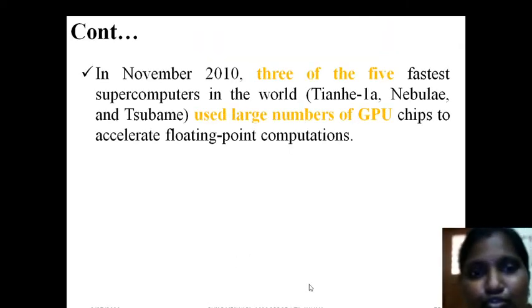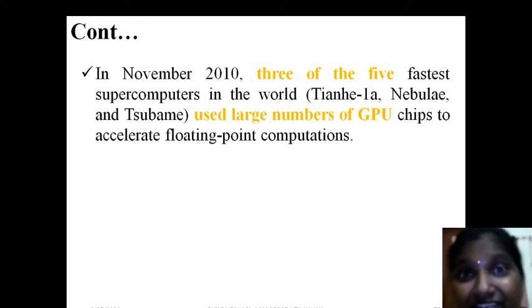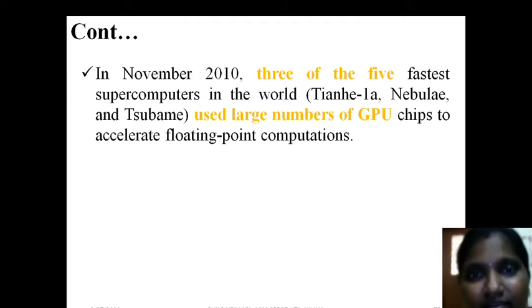Around 2010 there are 5 supercomputers we can see, and out of those 5, 3 are very specialized: Tianhe-1A, Nebulae and Tsubame. Nebulae, I think you remember, is like a telescope by which we can see the stars in the sky, even far stars are visible.